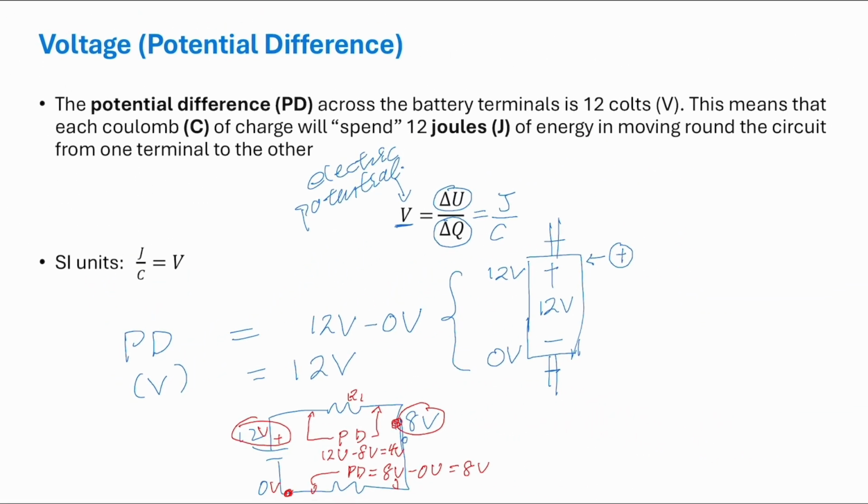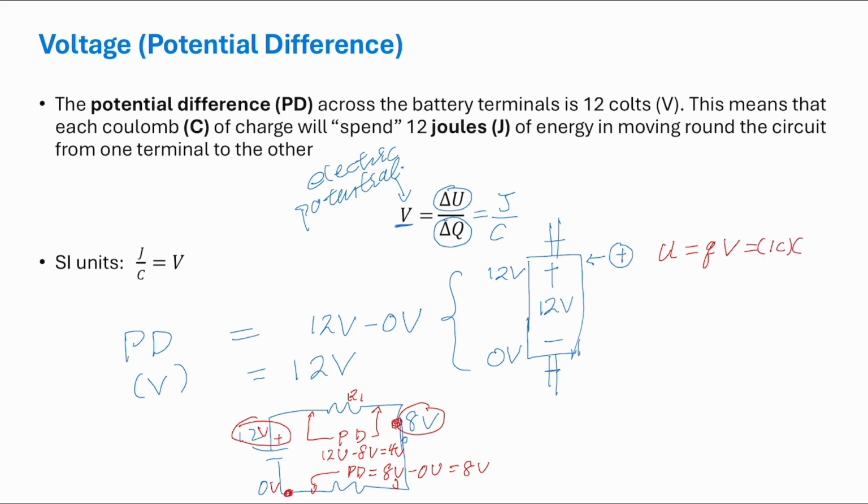Now let's look at energy. For the positive side, U is equal to QV. So here you have 12 volt and this is positive. For example, you have 1 coulomb of charge. So this is 1 coulomb.